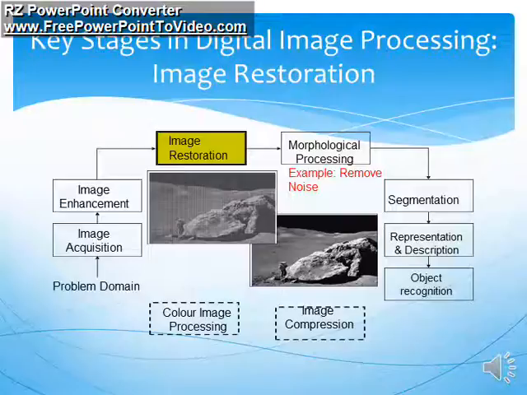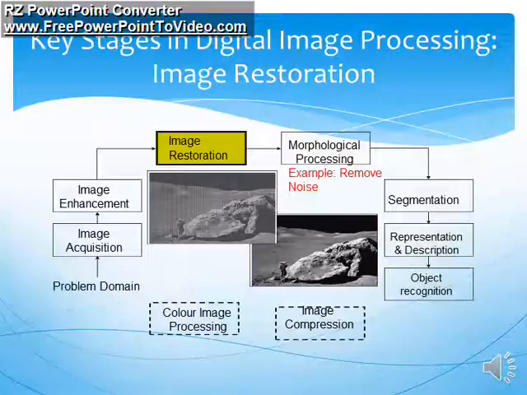The aim of image enhancement technique is to upgrade the quality of the image. Then the image restoration comes. We have also discussed in the previous class what is the basic difference between the image enhancement process and image restoration process.